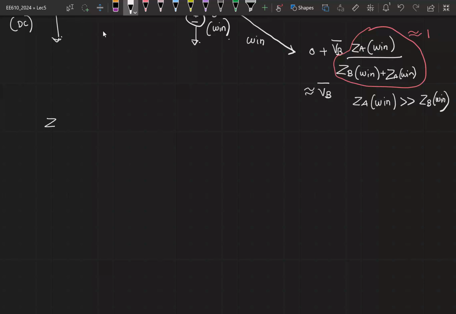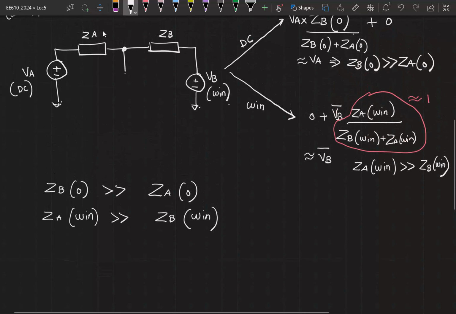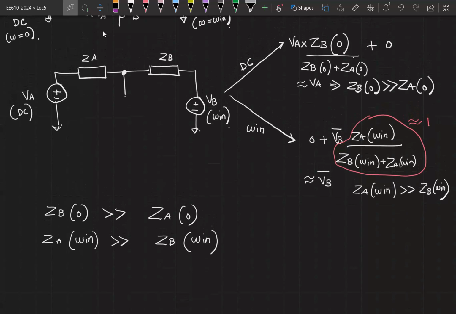One is that ZB at DC should be much greater than ZA at DC. And then ZA at omega n has to be much greater than ZB at omega n. If I satisfy both these conditions, I would get VA plus VB at the output. Both VA and VB will not be attenuated. Is that clear?